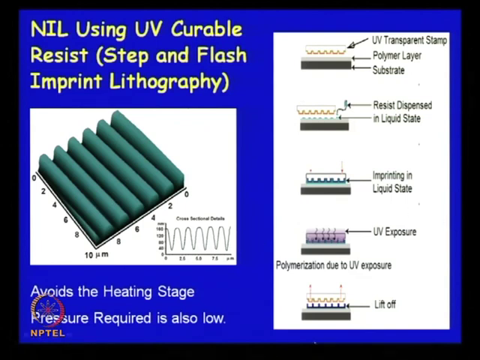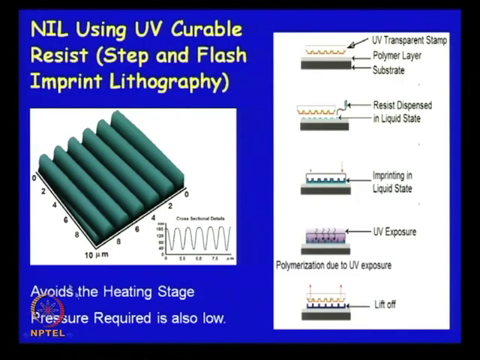Once the pattern freezes due to cross linking engendered by UV exposure, you simply lift off the stamp. So, the advantage here is that it avoids the heating stage, and the pressure required is also reasonably low because it is at a liquid state, with much lower viscosity compared to a molten polymer.